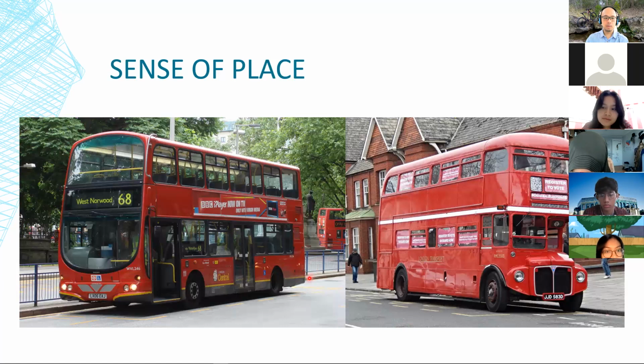Nowadays, they look more streamlined, more modern, and more comfortable. I remember when these old double deckers used to roam around the streets in Surabaya, and they used to catch fire a lot. So that was fun to watch.